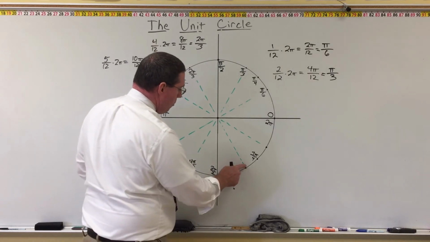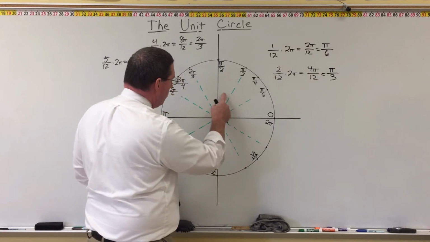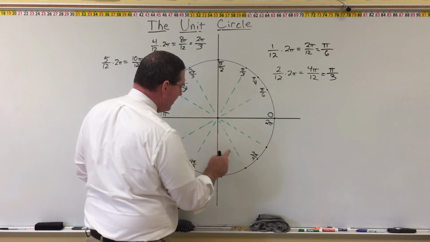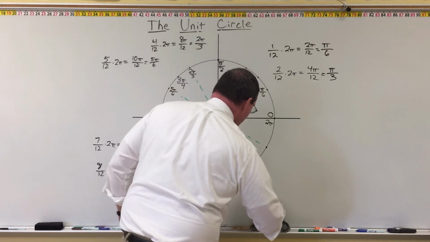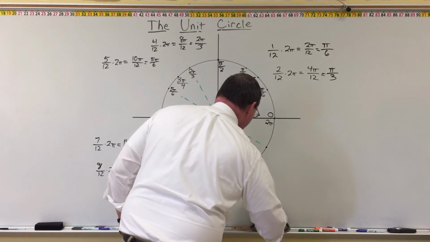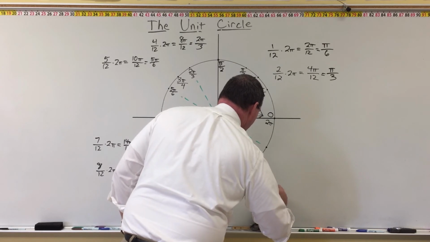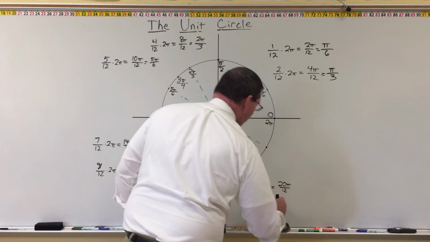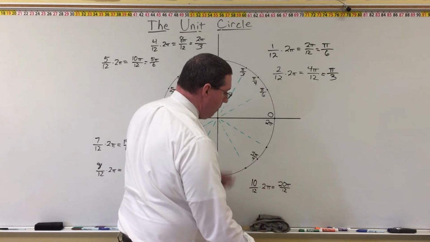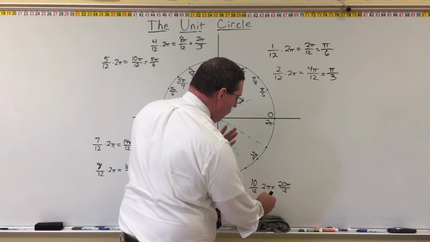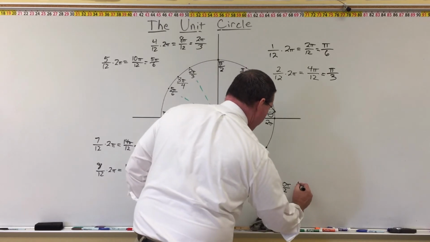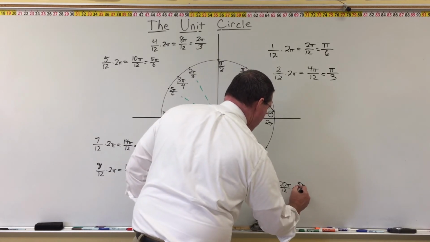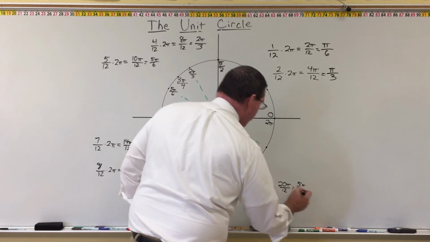All right, so now let's do this one here. We're going to have 1, 2, 3, 4, 5, 6, 7, 8, 9, 10 slices. Okay, so we've got 10 slices out of 12 times 2 pi. That gives us 20 pi over 12. Okay, 20 and 12 are both divisible by 4. 20 divided by 4 is 5, so 5 pi. 12 divided by 4 is 3, so 5 pi over 3.